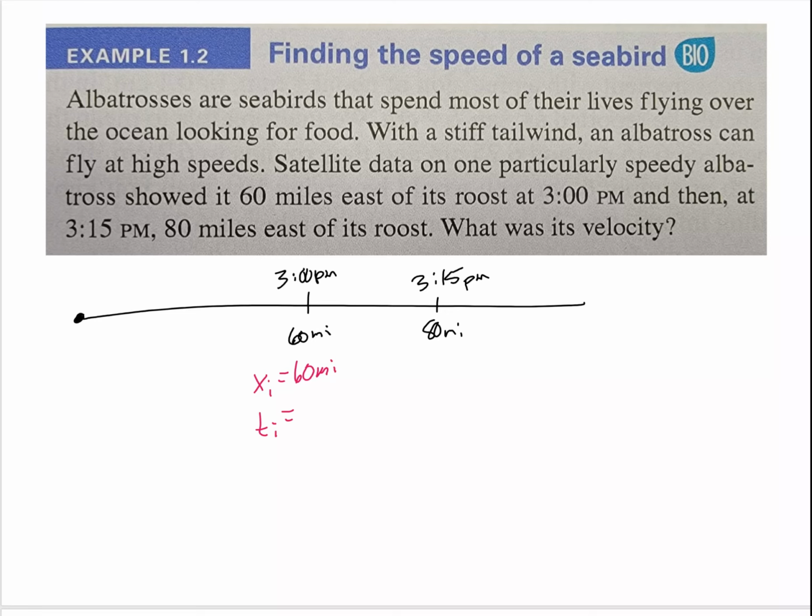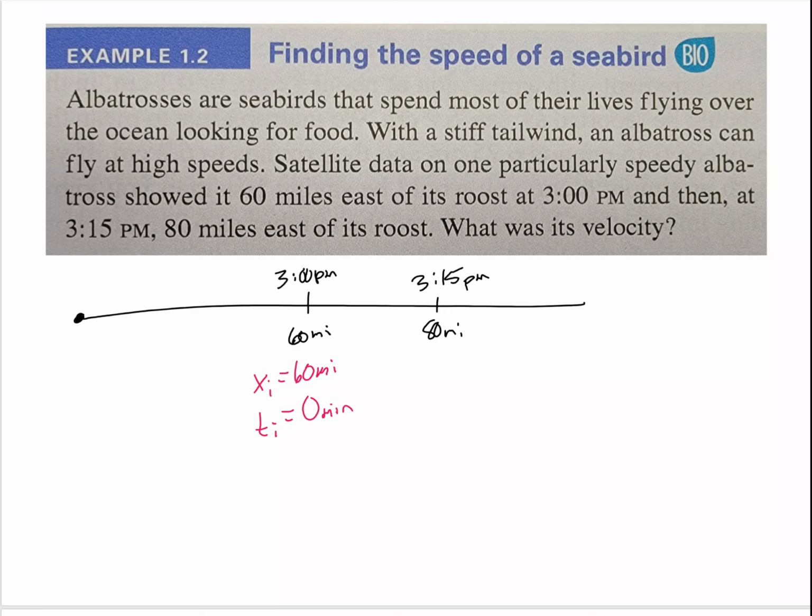At 3 o'clock is correct, but this is where we're going to start the stopwatch, and the stopwatch starts at 0. So this will be 0 what? What's the units? We would say minutes, M-I-N for minutes, not M, because M is meters.